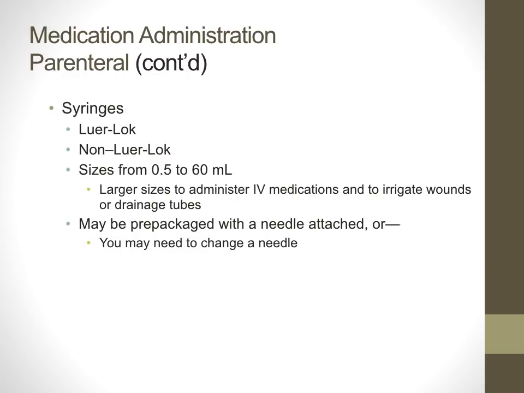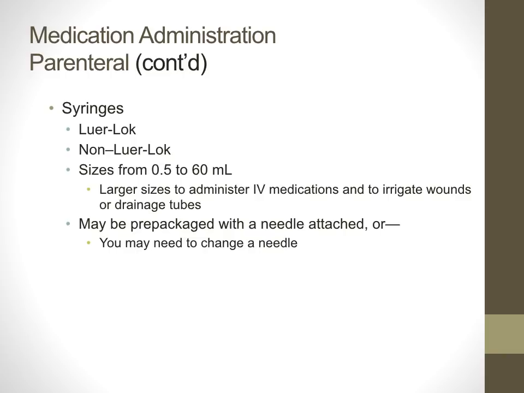We're going to look at the syringes and the different aspects of each syringe. You have your Luer-lock, which is what's most commonly used in healthcare facilities now, where it's kind of a screw on top. You have your non-Luer-lock. You don't see these used as often, but they are still out there. Your syringes can vary in size, anywhere from 0.5 milliliters to a 60 ml syringe.